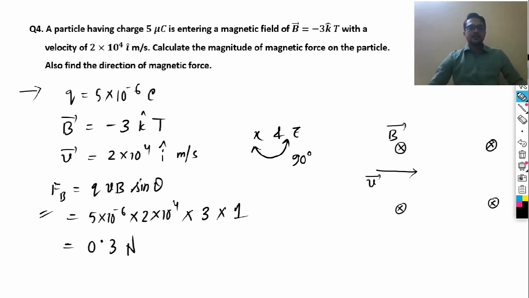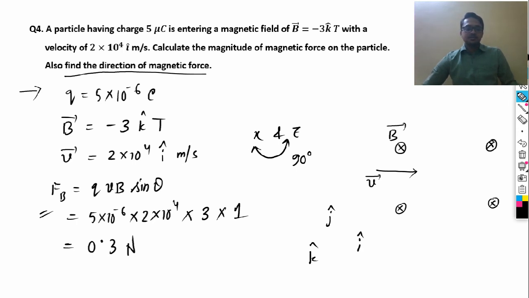Newton. Now the second part is to find the direction of the magnetic force also. Now for the direction, write the 3 unit vectors in this way, as we always write: i cap, j cap, k cap. If we go anti-clockwise then it will be positive, if we go clockwise then it will be negative.